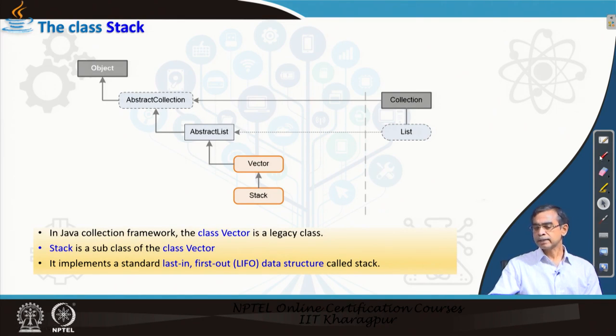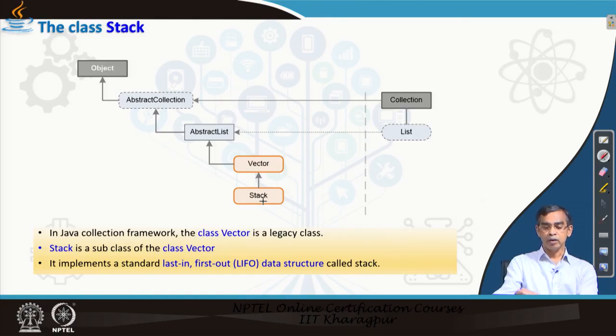Now, so far as the hierarchy of this class is concerned, as you see, Stack is a legacy class. It is a subclass of Vector. That means Vector is basically an array, so the legacy Stack class follows a stack as an array, not a linked list.